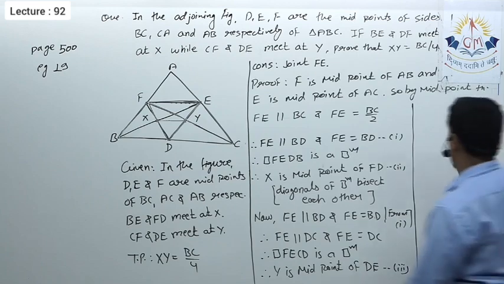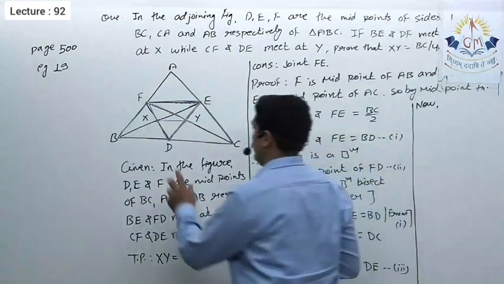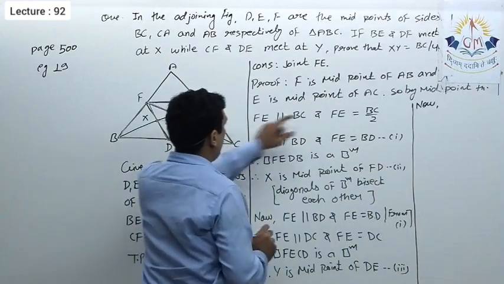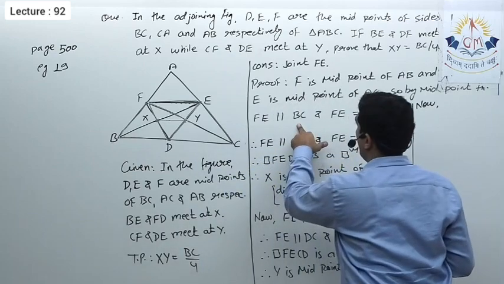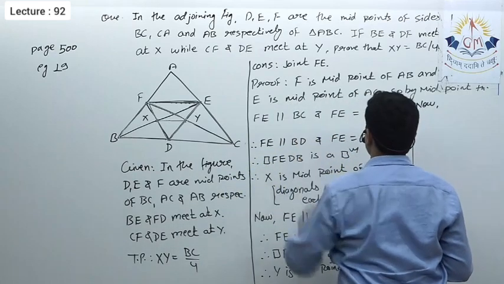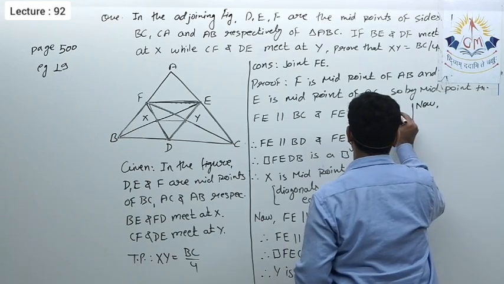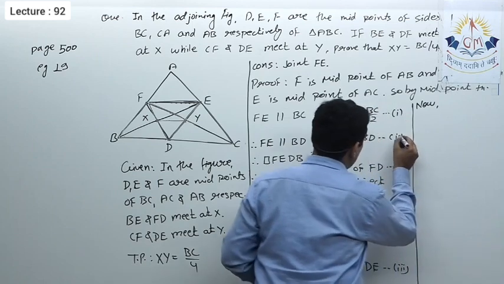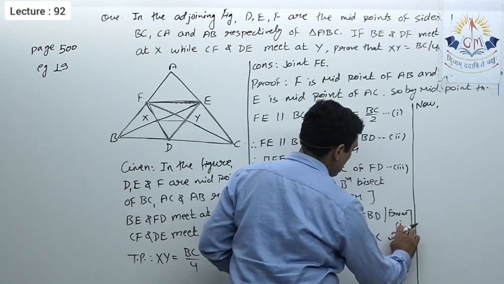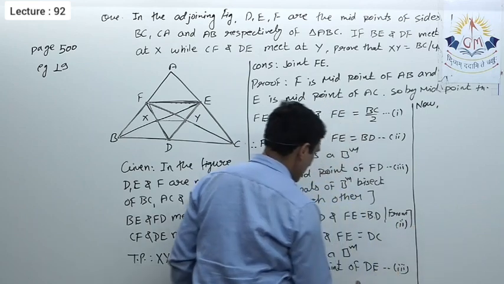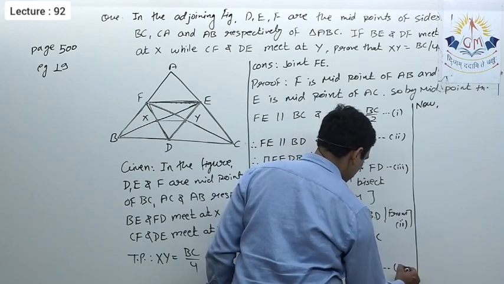Okay, now we'll solve it further. So here I wrote by the midpoint theorem FE parallel to BC, FE is equal to half of BC. I'm changing equation numbers. Let this one be first, this one second, this one third, and here it will be equation number 4.